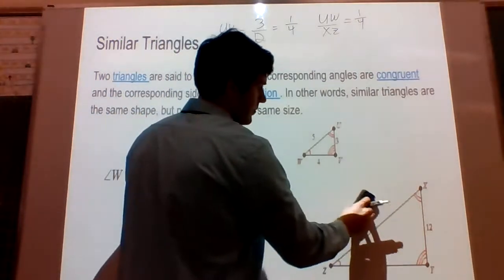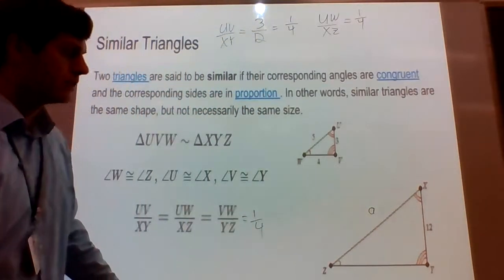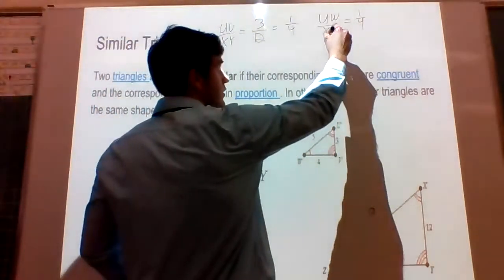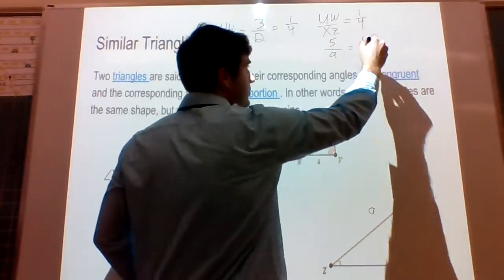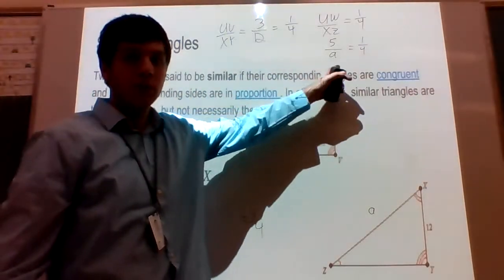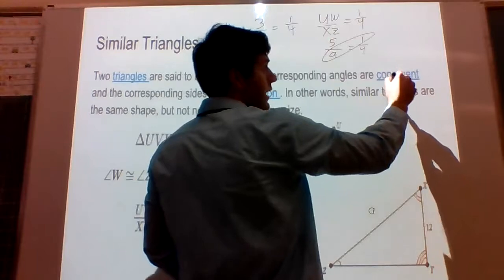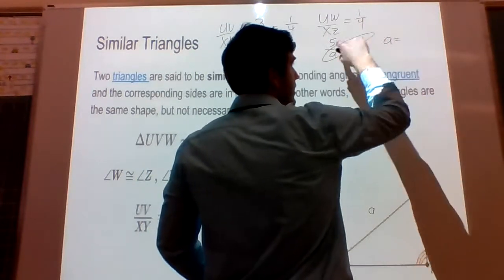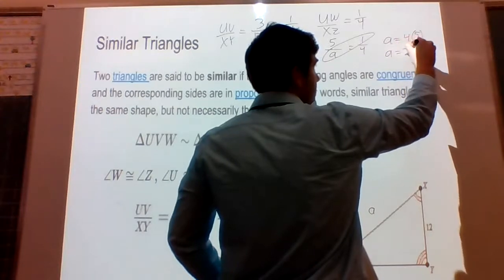Let's call it A. The value of XZ is A. So we have UW, which is 5, over A is 1/4. How do we solve a proportion? We cross multiply. So we have 1 times A is A, and then we have 4 times 5. So A is going to be 20.